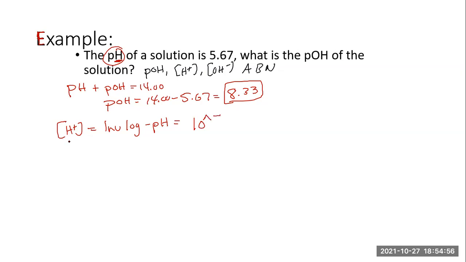And here, since we're looking for the H plus, we want to make sure that we are using the pH value, which is 5.67. If we do second log, negative 5.67, again in scientific notation, 2.1 times 10 to the minus 6 molar.